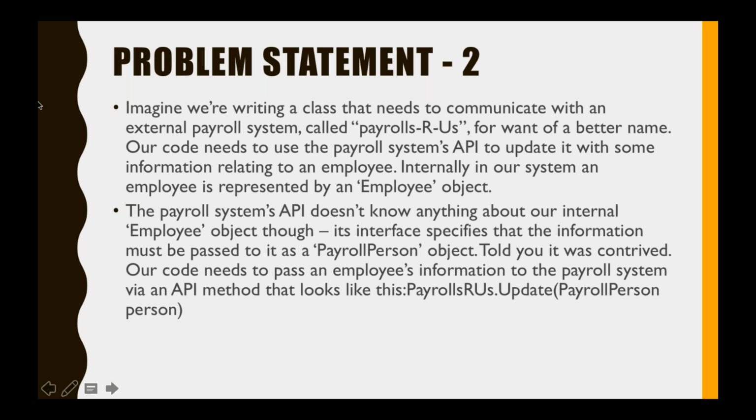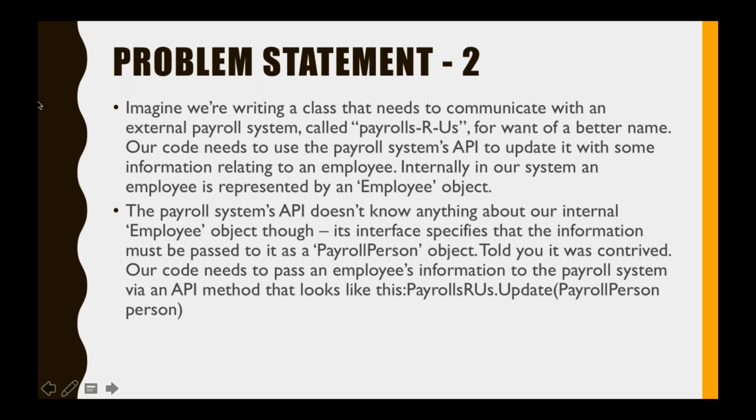For example, my employee object can have my manager, my senior manager, my organization, my name, my team name and all that stuff. But the payroll system maybe only needs to know my organization and my name. That is all the information it needs.